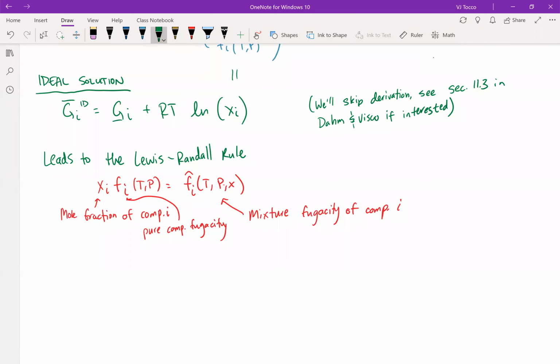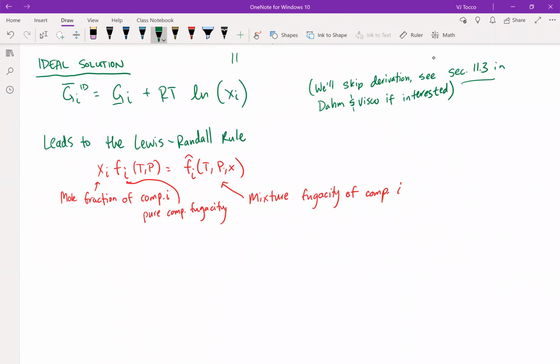So by analogy, and I'm going to skip a little bit of this and refer you to this same section 11.3 if you're interested in more details.